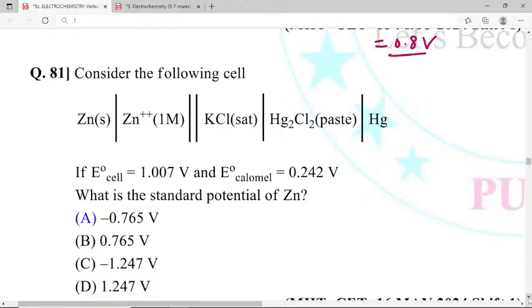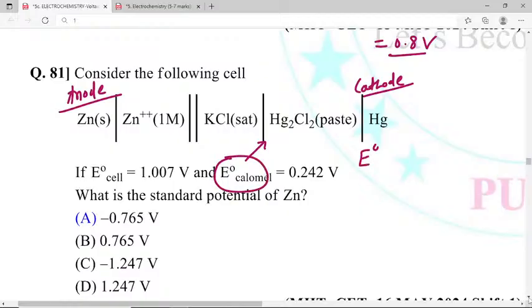Consider the following cell: zinc, Zn2 plus, KCl, HgCl2, calomel. What is the standard potential of zinc? Zinc is the anode and the calomel is the cathode. The formula is E naught cell is equal to E naught cathode minus E naught anode, cathode minus anode.